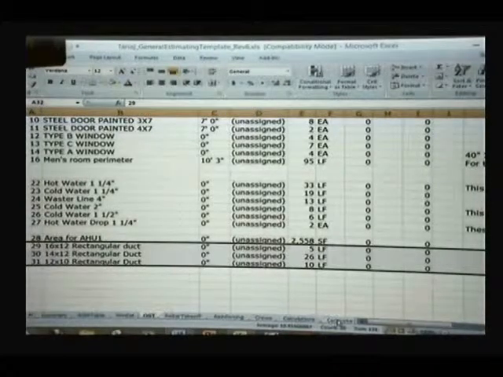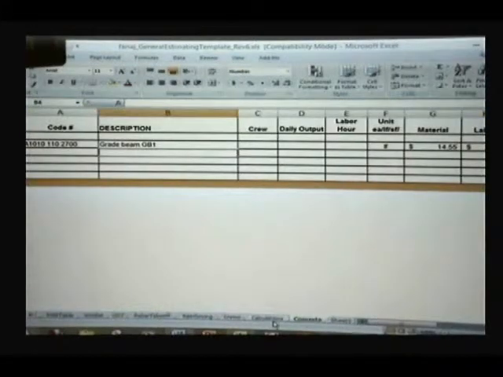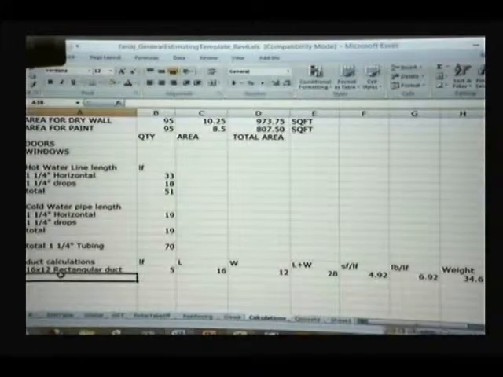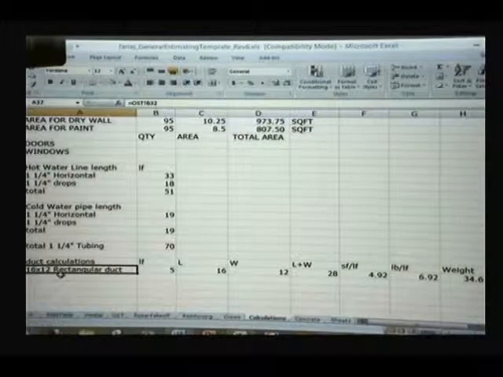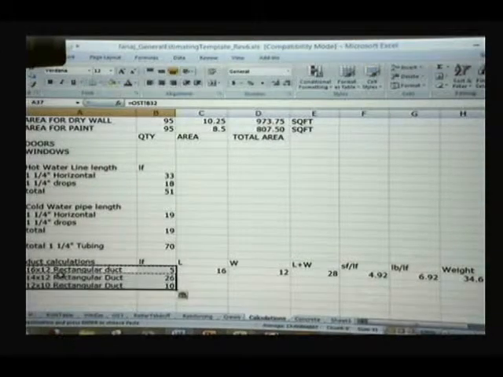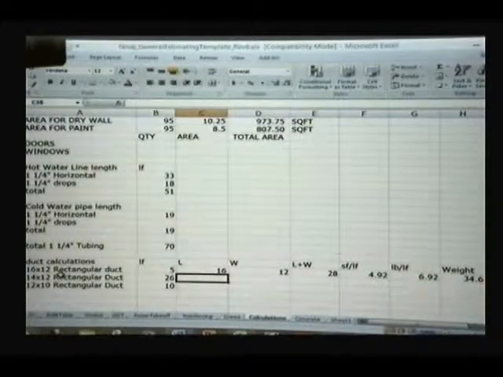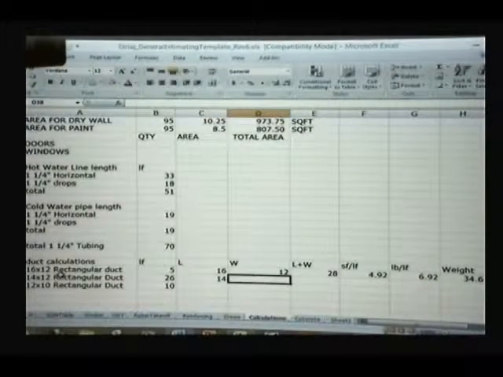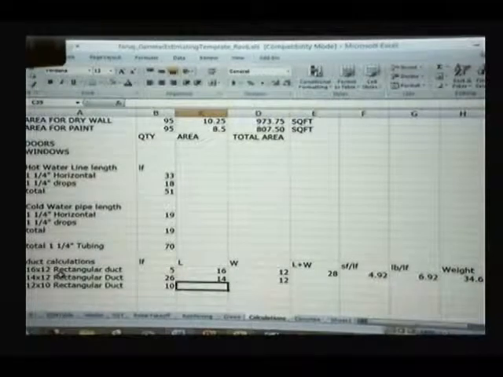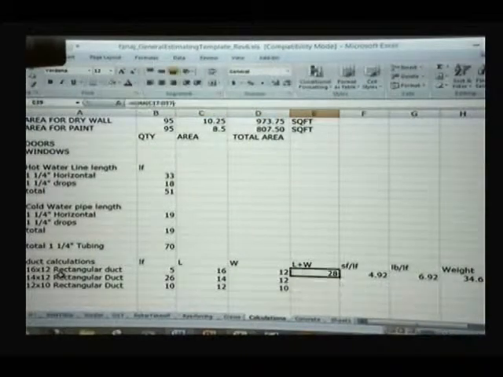So we have these 14 and 12. In my calculations, now I have 14 by 12, so this is 14, this is 12, this is 12, this is 10. L plus W is now 26 and 22.